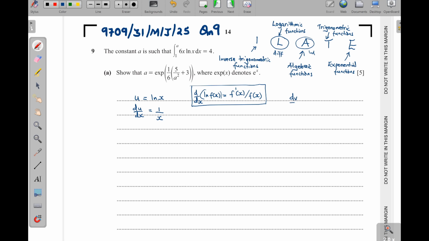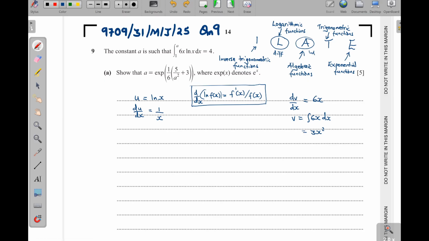So dv dx is the one that is equal to 6x. And then the v will be the integral of this 6x with respect to x. So this one will be 6x squared over 2. That will be 3x squared. I don't need to put this plus c in the computation.